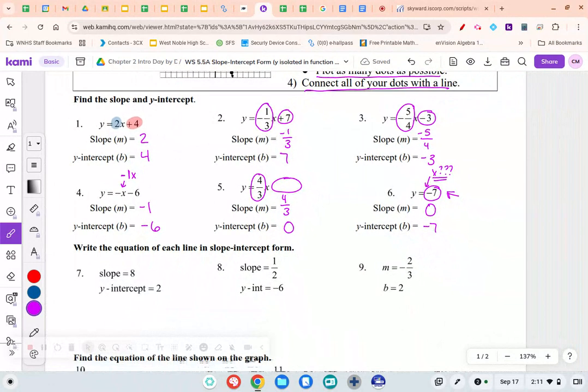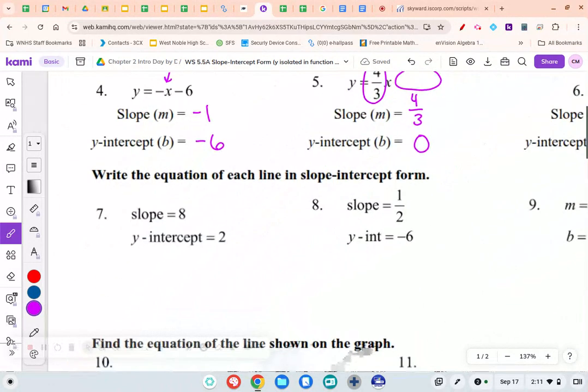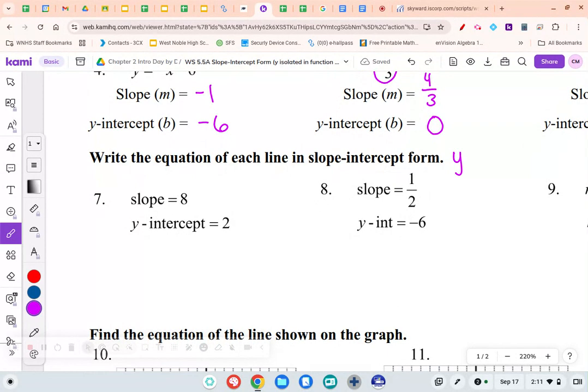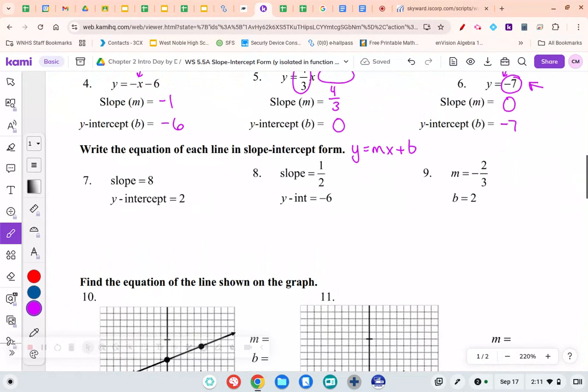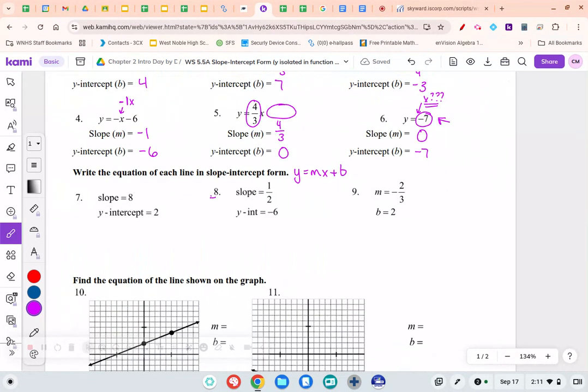Okay, now we're going to work backwards, and we are going to take the information we're given and put it in slope-intercept form, which is y equals mx plus b. So slope is always m. Y-intercept is b. So all I have to do is plug this stuff in. y equals 8x plus 2.